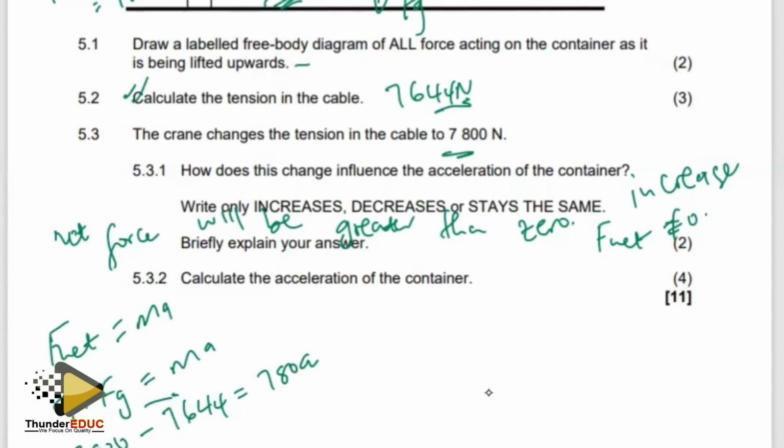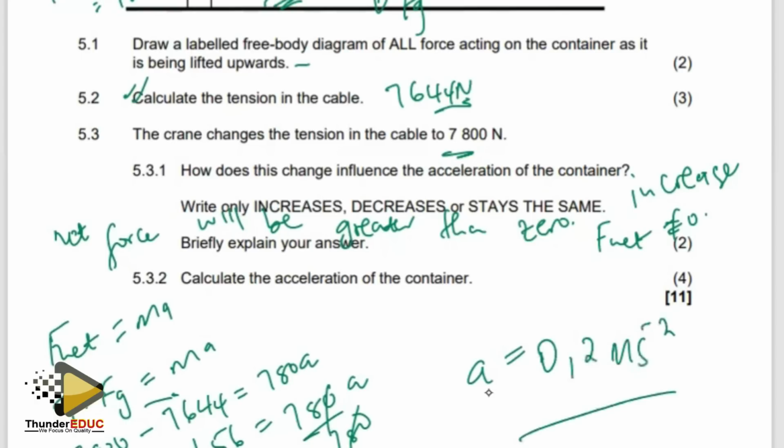When we subtract 7.8 minus 7644, this gives us 156 is equal to 780a. Divide both sides by 780. So 156 divided by 780 gives us 0.2 meters per second squared. So this answer is still not 0. So that is how question number 5 should have been answered.